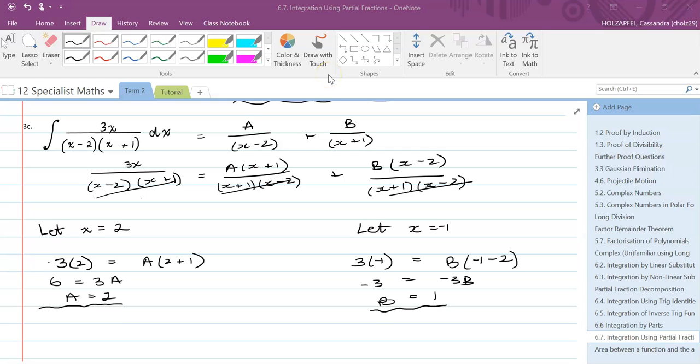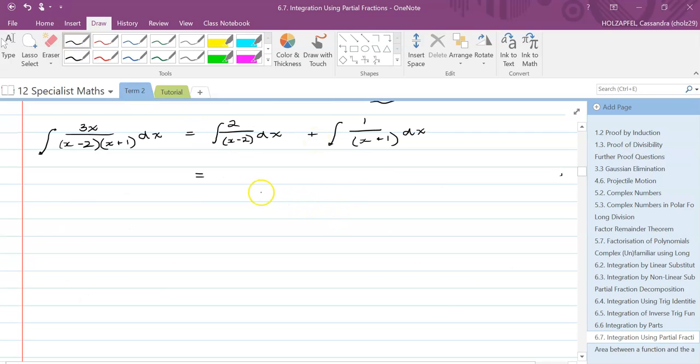So I've got my values for a and b just through substitution. Now what we're going to do is substitute a is equal to 2 into this original function and b is equal to 1 into this original function here. And then we'll go ahead and find that integral. All right, just substituted back into that original equation. So let's find each of the integrals of our partial fractions.